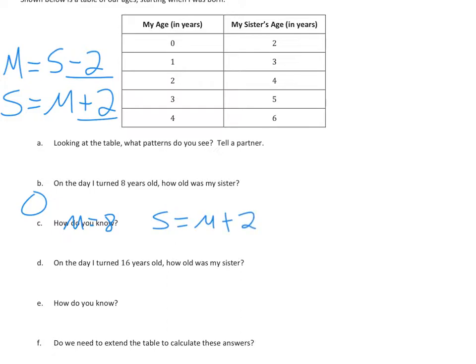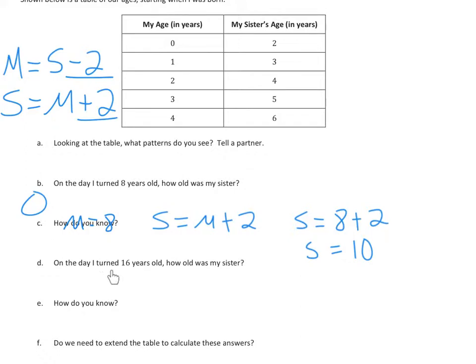If I plug that in, I take this 8 and I plug it in for M, then I have S equals 8 plus 2, which of course S would therefore equal 10. And that's simply plugging it in. So we literally took this 8 and since it's our M, my age, we're going to throw it into the M in our equation that we wrote, and then life becomes a lot easier, right?